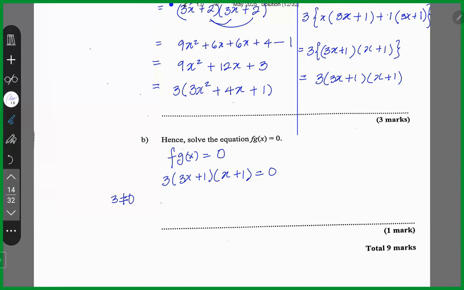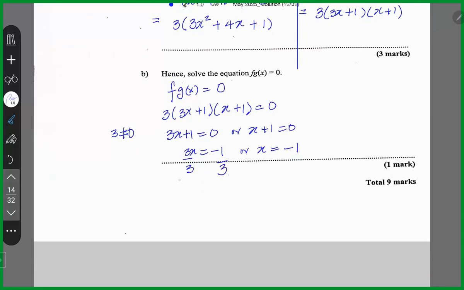So it means that it is either 3x plus 1 that is equal to 0 or x plus 1 that is equal to 0. 3x would be equal to minus 1 or x would be equal to minus 1. If I divide both sides by 3, I'm going to end up with x is equal to minus 1/3 or x is equal to minus 1. Whenever we solve a quadratic equation, we must get two answers.